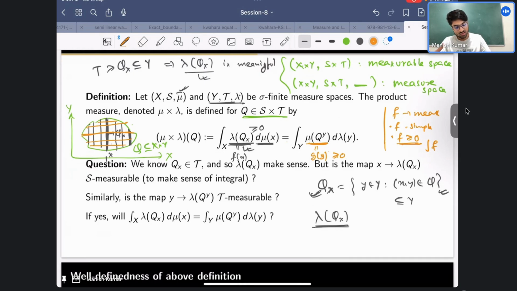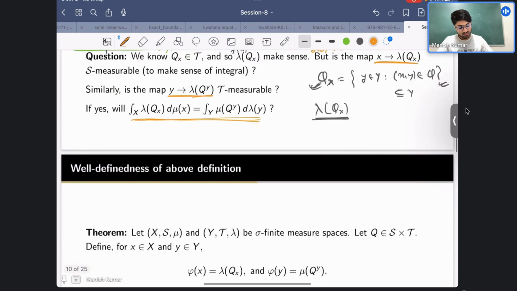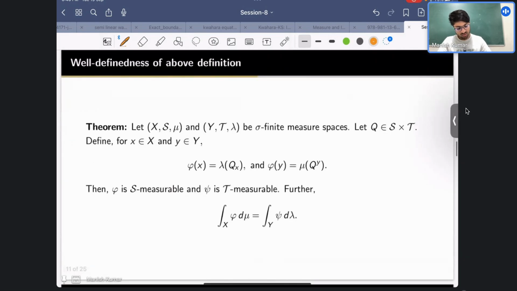If they are different, then how can we define this mu cross lambda, right? So we have to make sure of three things: that this map is measurable, that this map is measurable, and that both of them are equal. And that is in fact true. This is the precise theorem which says that. I'm just leaving this statement, so this is true.